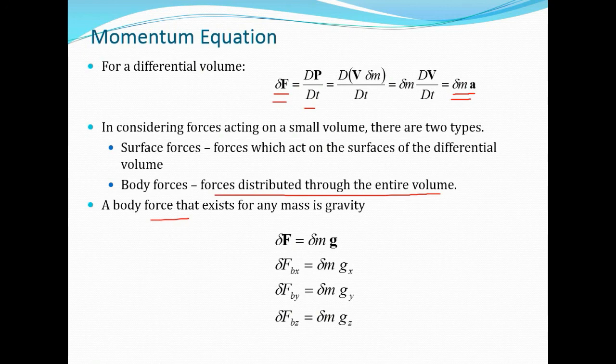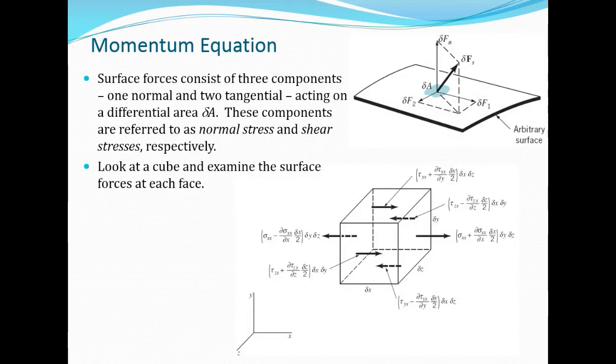A body force is, for example, gravity, the differential force in the g direction, or we could talk about it in three components of g. Surface forces are a little bit different and a little more interesting for us from a fluid perspective. There's one normal force and two tangential forces. The normal forces are called normal stresses. They're related to the pressure, if you remember that negative relationship between pressure and stress.